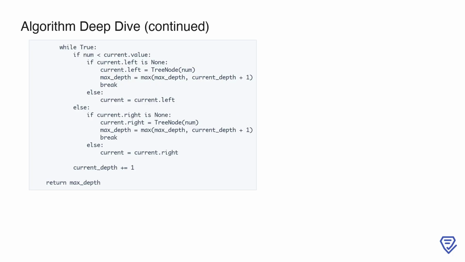Similarly, if the new value is larger than the current node's value, we follow the same process for the right child. This loop ensures that the new node is inserted at the correct position in the BST while dynamically updating the depth information. Once all nodes have been processed, the function returns the max_depth as the final result.